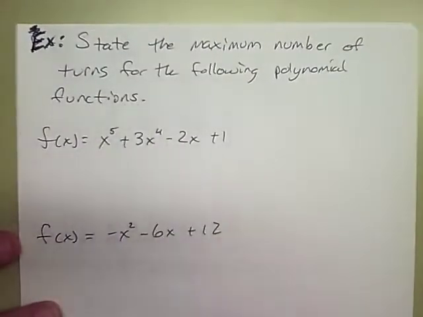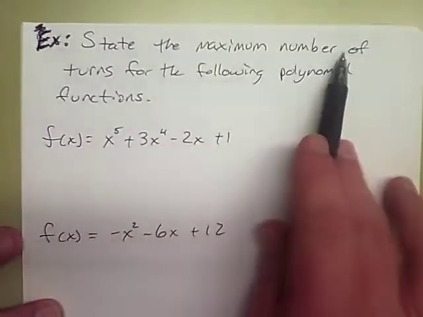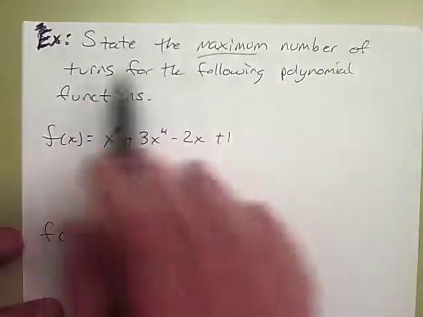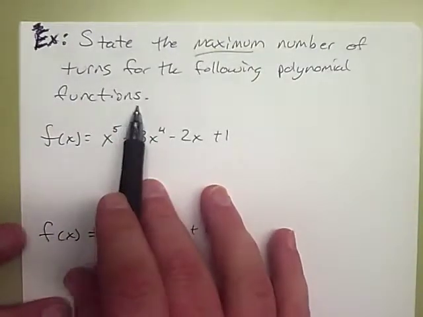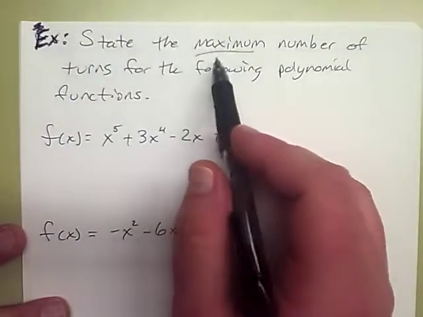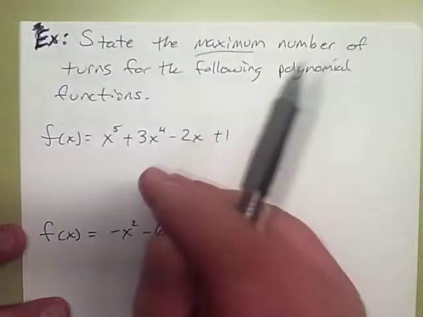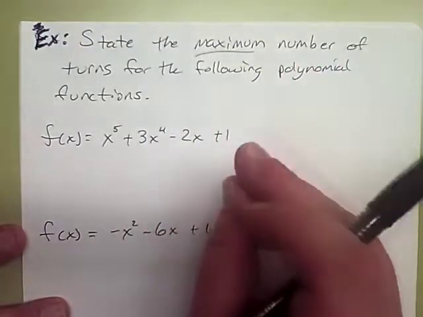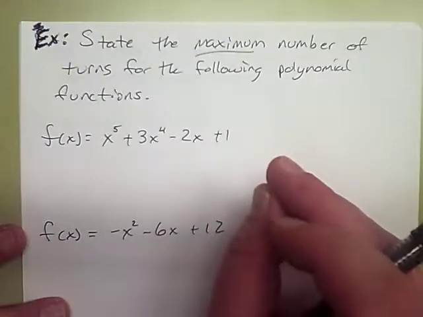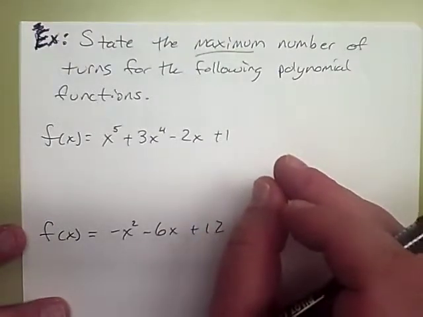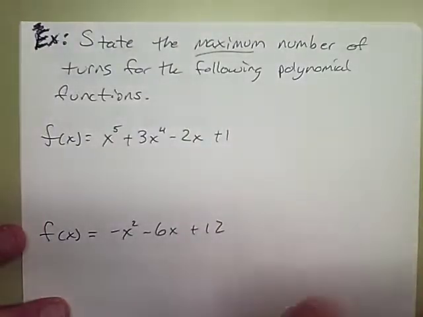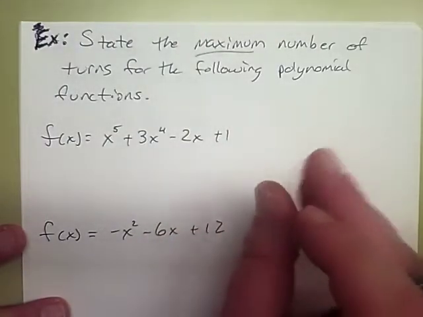So in the next couple examples, we're going to state the maximum number of turns for the following functions. The maximum number, it could have less. It could have less than the number, except for when the degree is 2, it will always have 1 turn. But when the degree is 3, 4, 5, 6, or 7, it could have less than the maximum number.